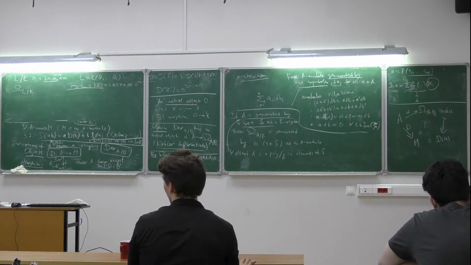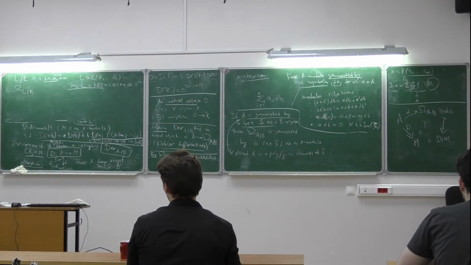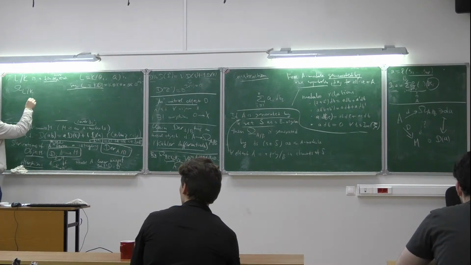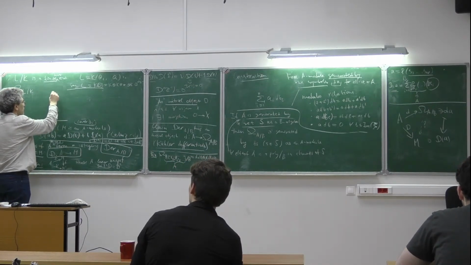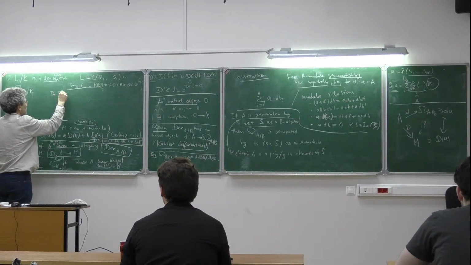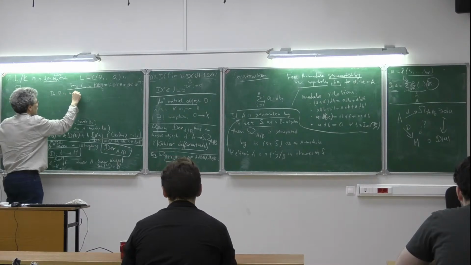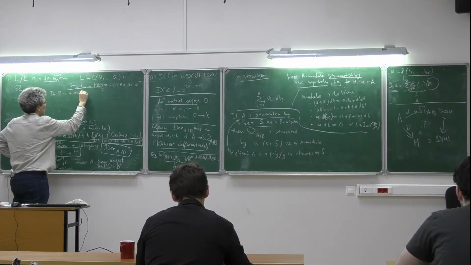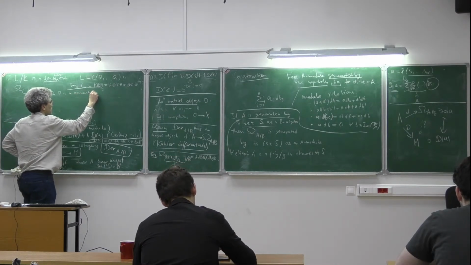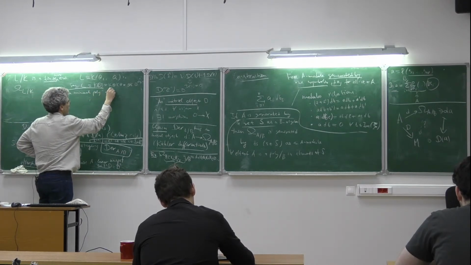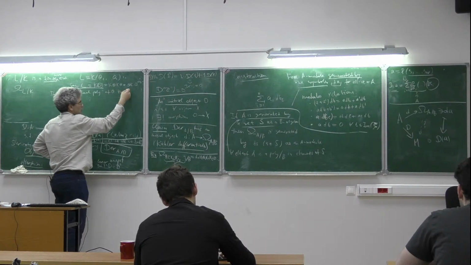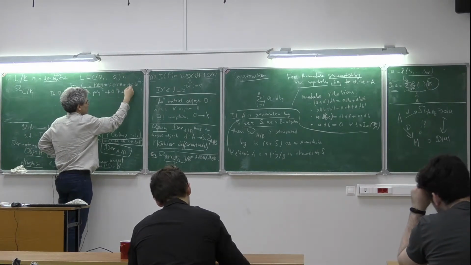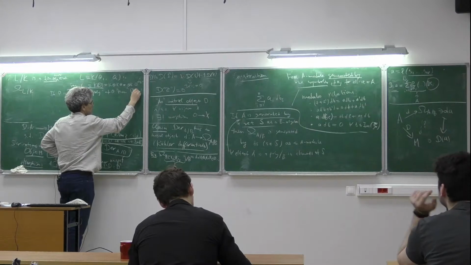Yeah, actually what you're saying is that if P is a minimal polynomial of theta, then of course, by definition, P of theta is 0, yeah?